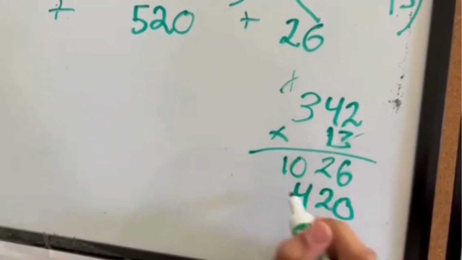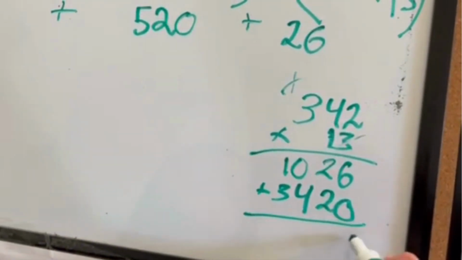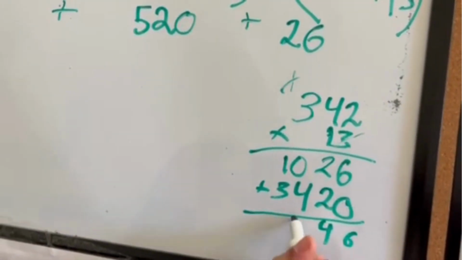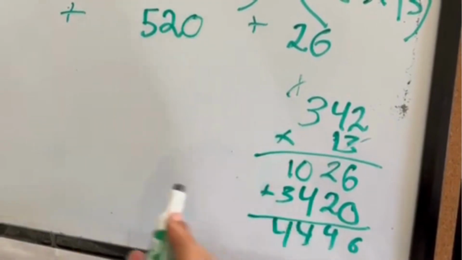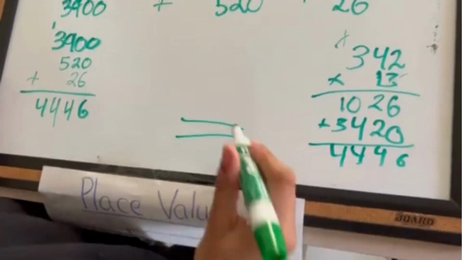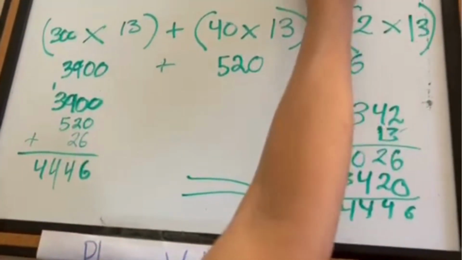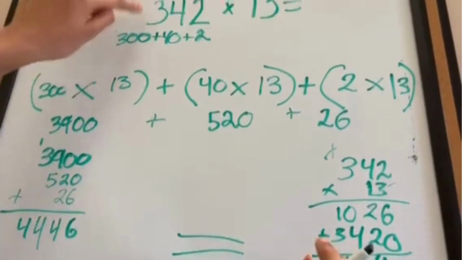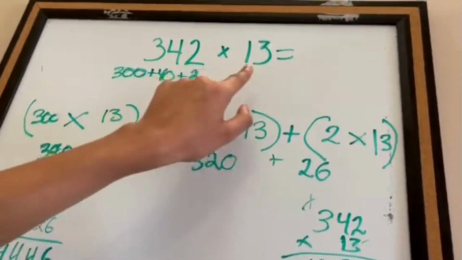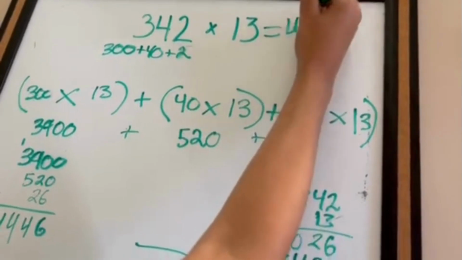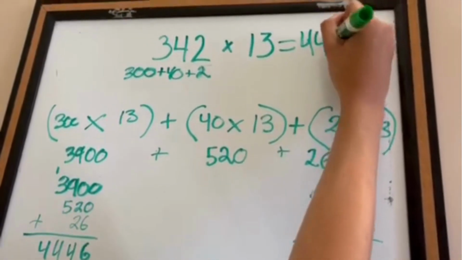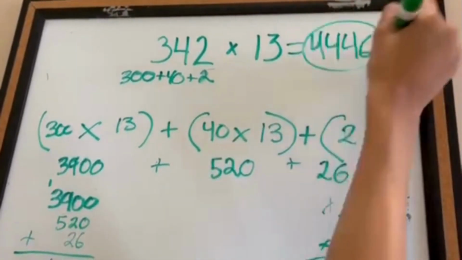And 1 times 3 is 3. And if you do the math, both outcomes give us the same answer. So the answer to 342 times 13 is 4,446.